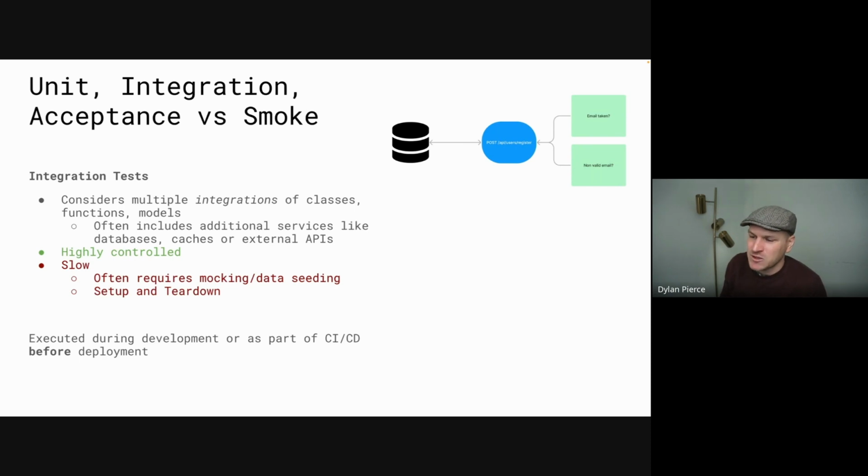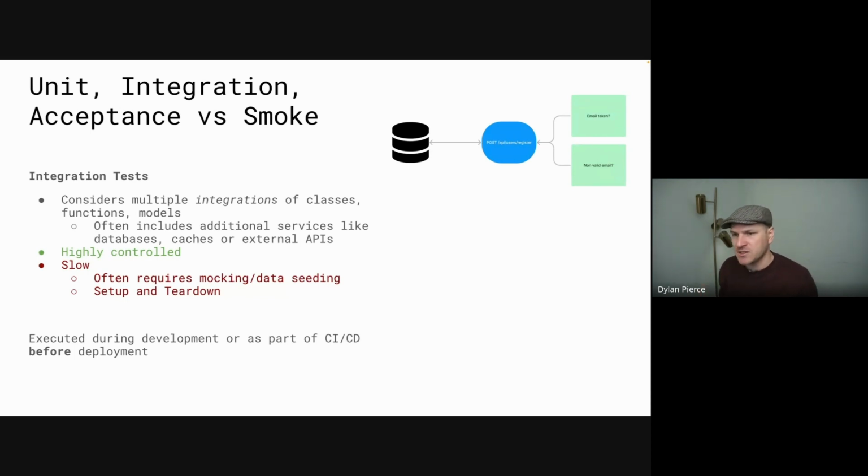I can tell you so many horror stories, and you probably have them too, of just forgetting to close a DB connection or forgetting to wipe the state completely between these tests, or wiping mocks completely between each test. And all of a sudden your test cases are failing intermittently. And you're like, what the heck is going on? And it turns into a maintenance nightmare. And again, this is part of CI/CD before deployment, not after.